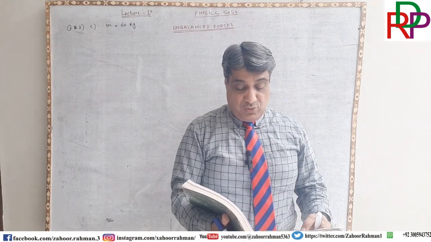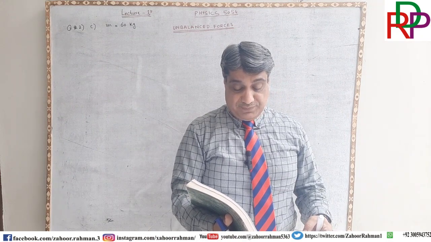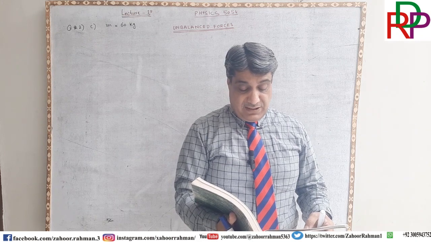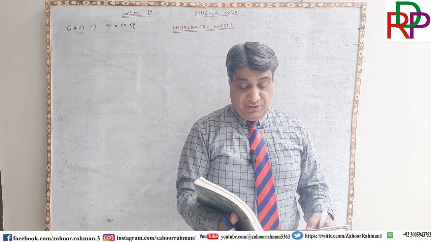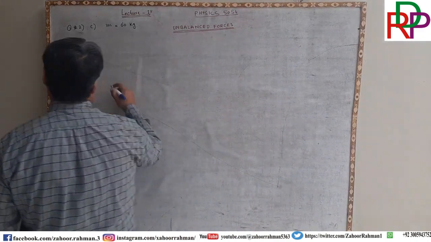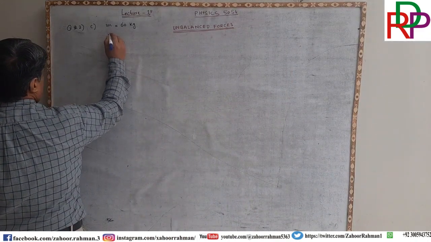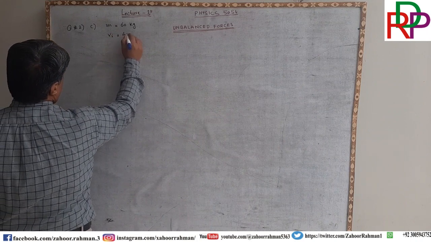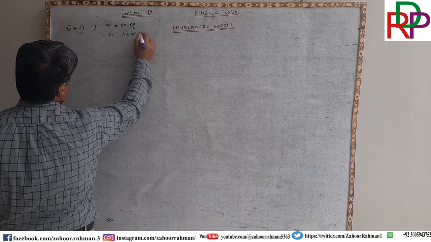Was propelled towards a rigid wall. If the speed of the dummy driver just before impact was 40 meter per second, so Vi is equal to 40 meter per second.